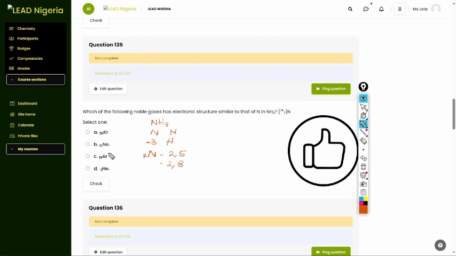So which of these has an electronic structure similar to 2, 8? The answer is neon, because neon is number 10, so 2 plus 8 gives you 10. It is not helium because helium has only 2 electrons. It is not argon because argon has 18, and krypton has 36. So the one with a total of 10 electrons is neon. The final answer is B.